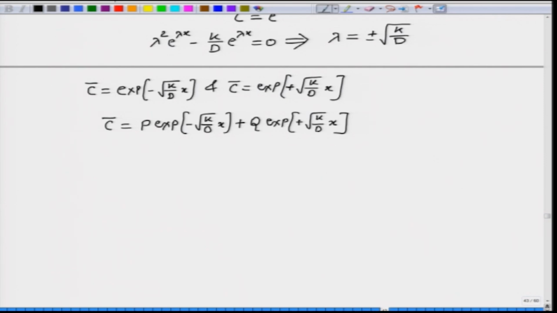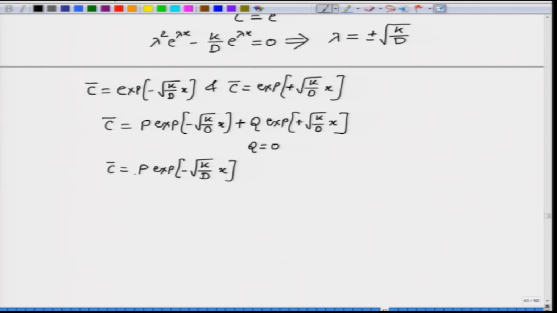But we want even at x equal to infinity, we should have a well behaved solution for concentration, right. So, if we need to get any physically meaningful solution, q has to be 0, right. So, q is 0 here. So, we are left with only the first term, p exponential minus root k by D x.